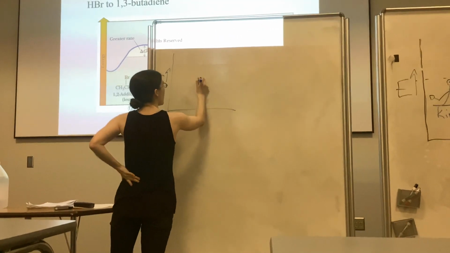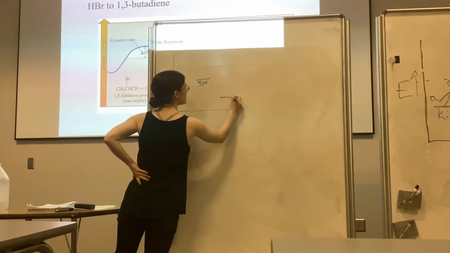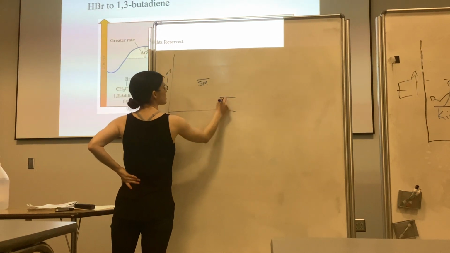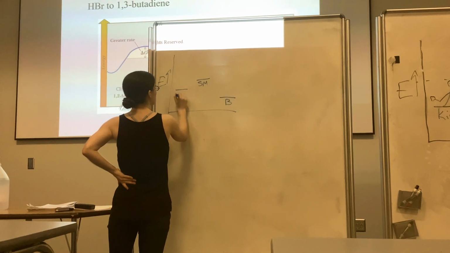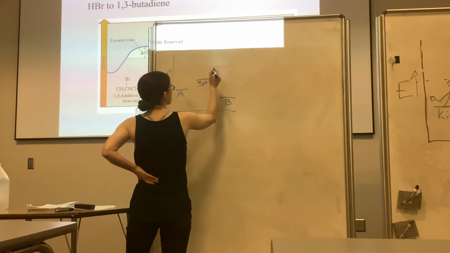Goes up. Starting materials, and we've got product A. Well, okay, I guess we read this way. So this can be product B, this can be product A.